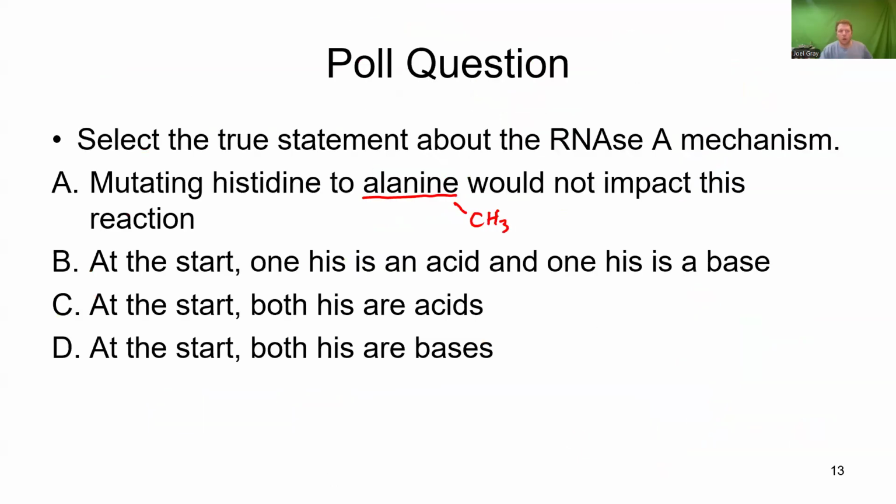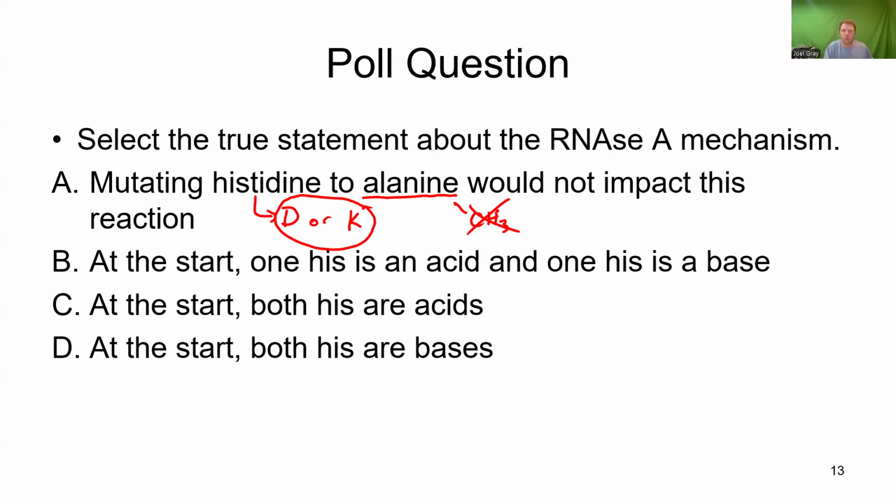So if we were to mutate it to alanine, that really wouldn't work because alanine is not going to push any electrons anywhere. Histidine mutated to, let's say, D for aspartic acid, or maybe a little bit less of an option, K for lysine. We at least know these two R groups.